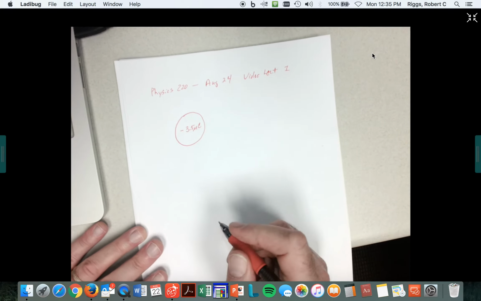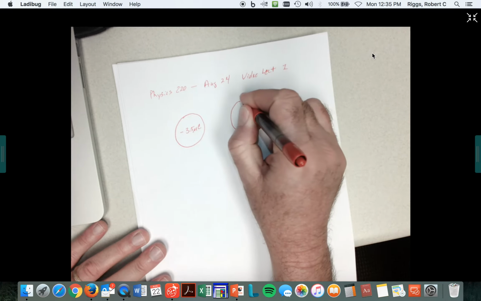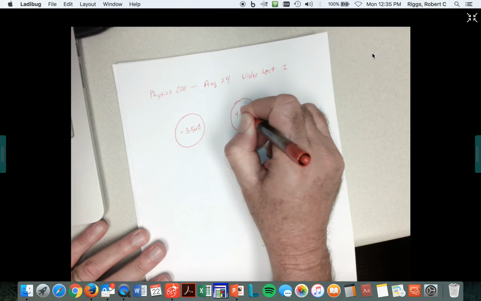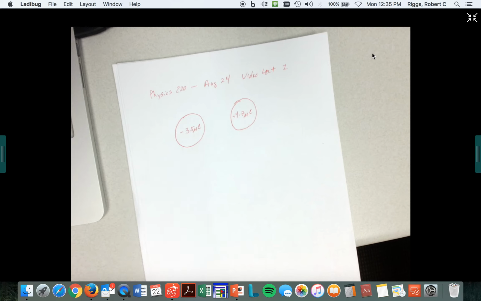Then I put another sphere here that has 4.7 positive microcoulombs of charge. In other words, it's missing some electrons, and this one has too many electrons.